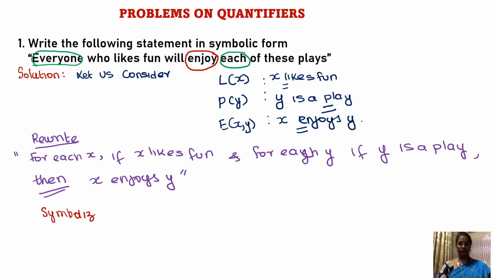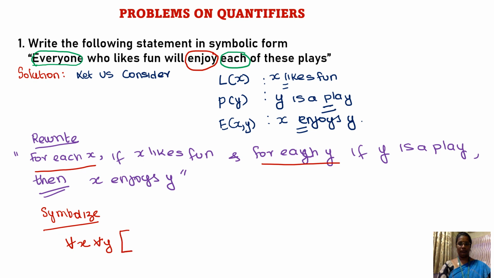How are you going to symbolize the statement? For each x can be written as for every x, and also for each y. When I say for each x and for each y, these two quantifiers have to be mentioned first itself.